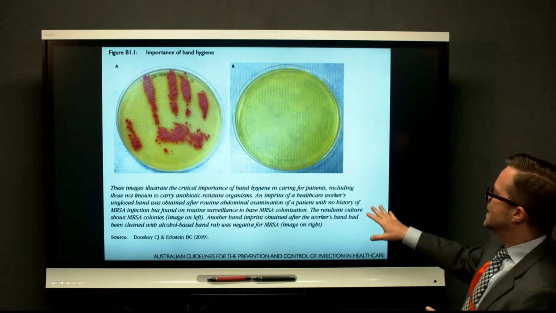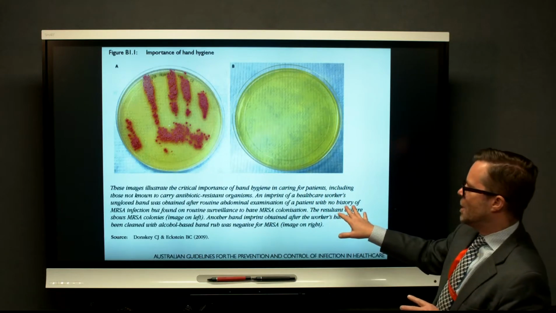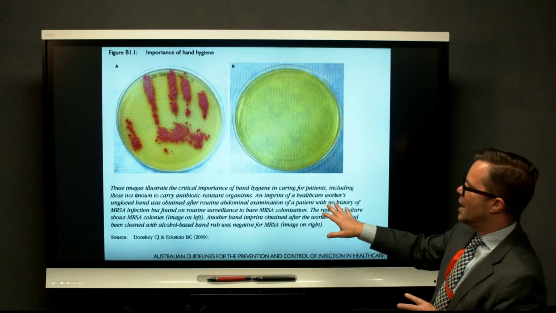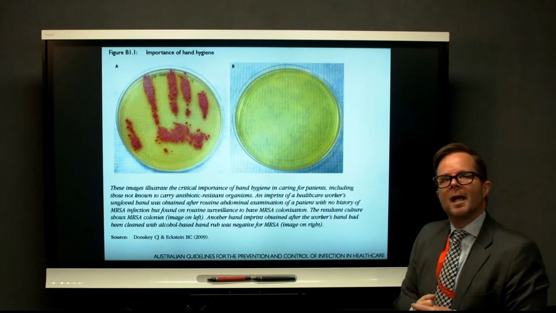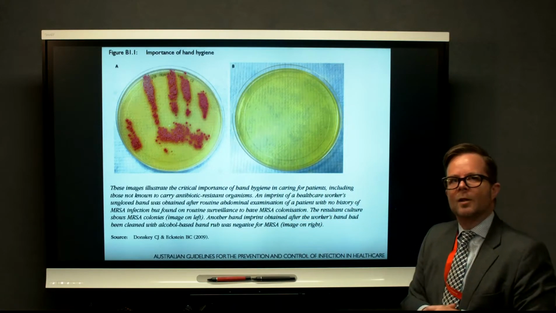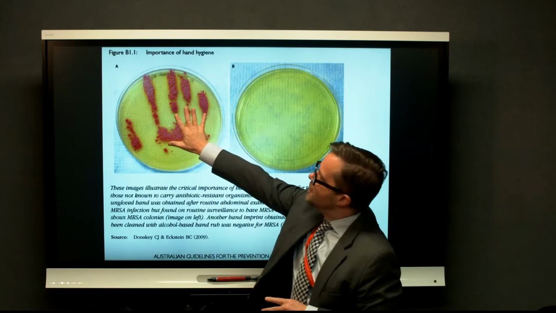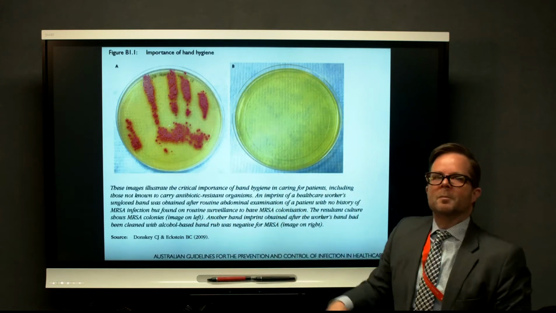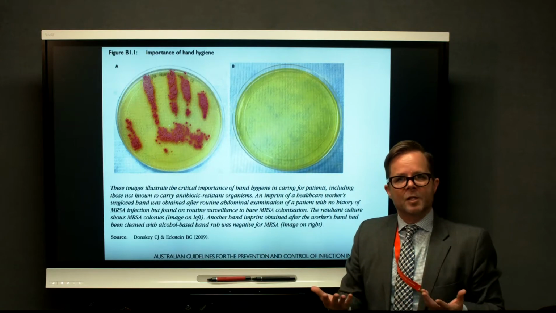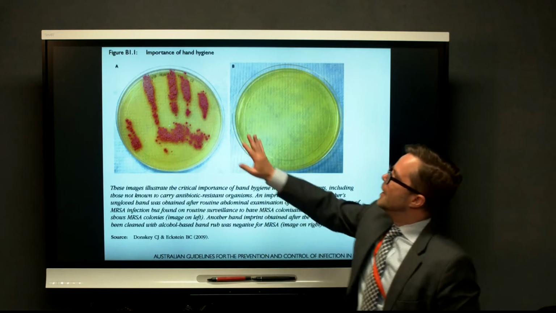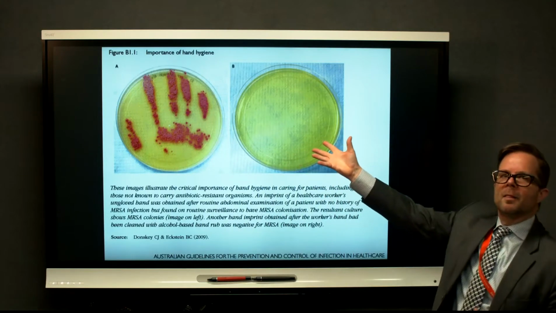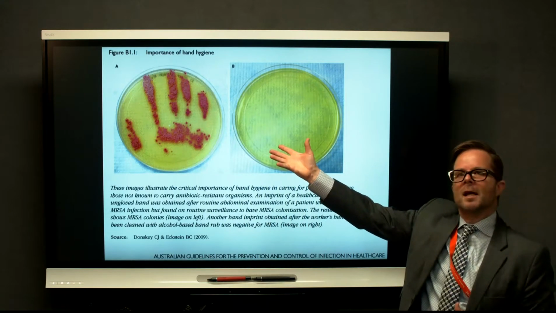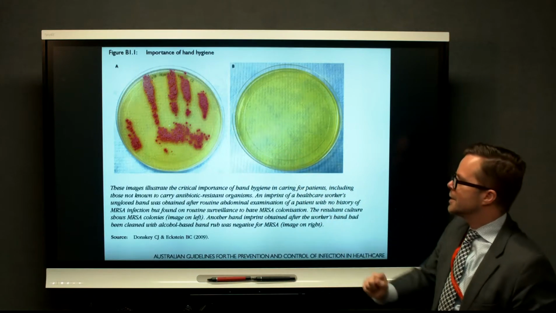Now, on the left-hand side of the screen here, you can see a person who's done an abdominal examination of a patient with no history of MRSA infection, but subsequently has been shown to have MRSA colonization. After that routine abdominal examination, so this is intact skin, the healthcare worker has put their hand on the plate, and you can see there the massive amount of MRSA that's then been cultured from that hand.